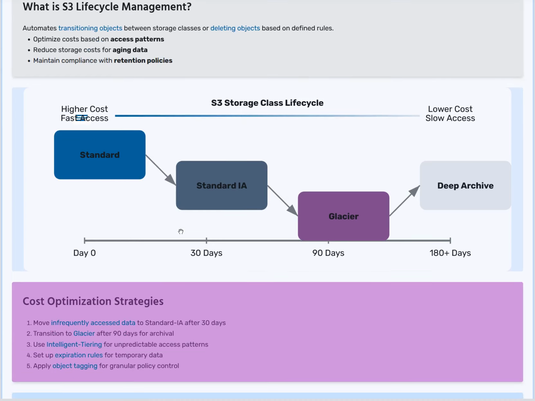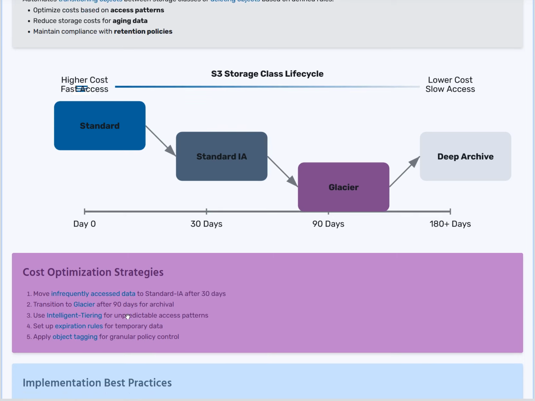So standard is the highest cost. For standard, you need to keep data at least 30 days, and then you can move into Glacier after 90 days, and then Deep Archive after 180 plus days, right? Cost optimization strategies: move infrequent access data to Standard-IA after 30 days.